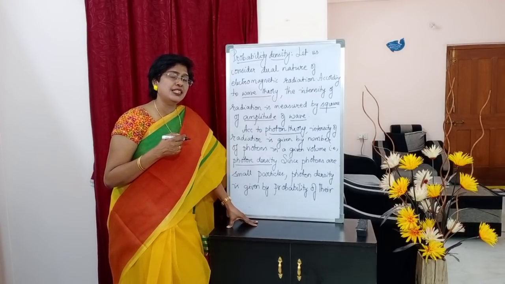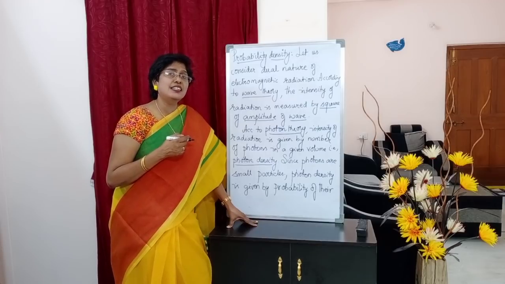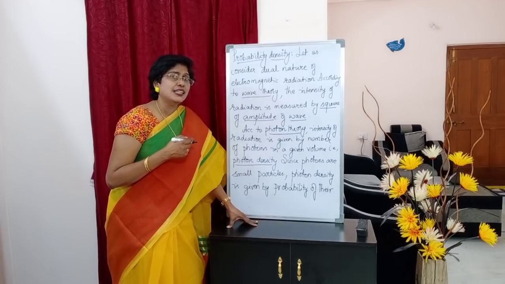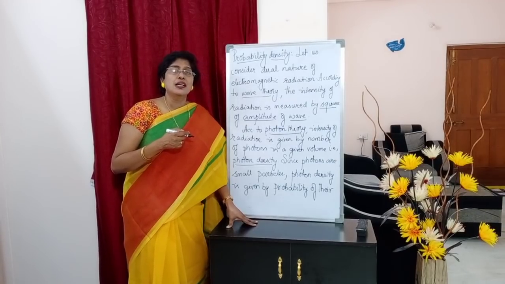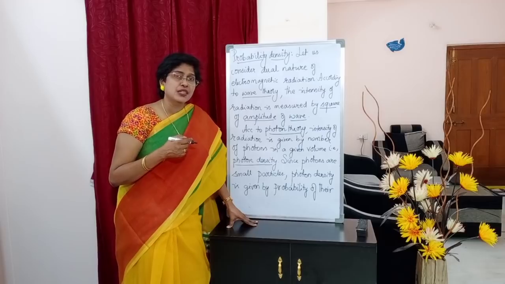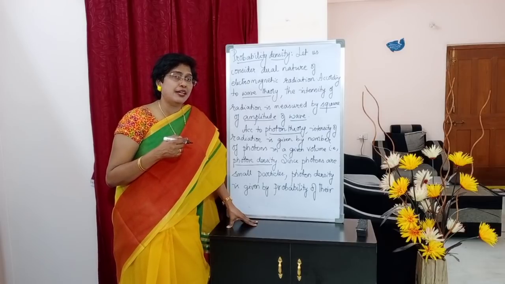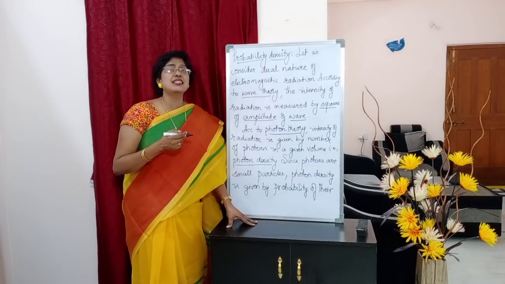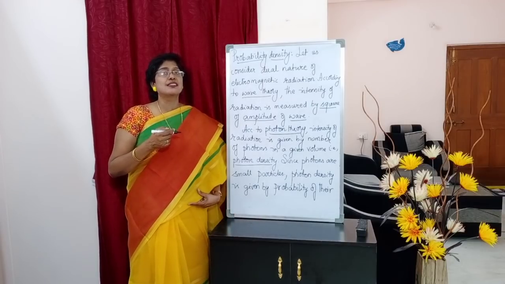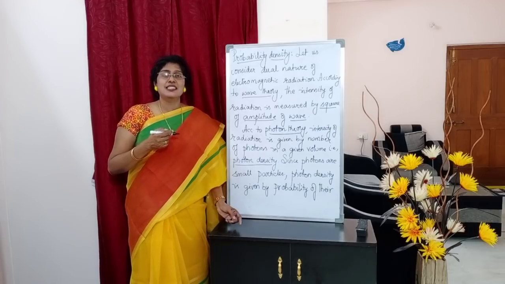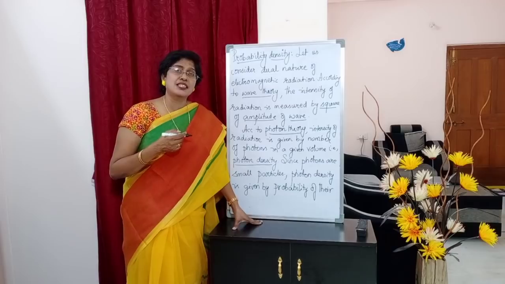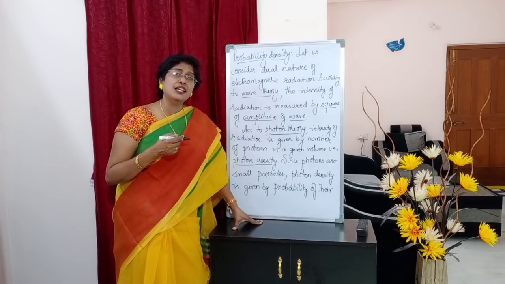That means wave theory explains that the intensity of radiation can be measured using square of amplitude of wave. We know amplitude of wave. Which letter represents this amplitude of wave, students? Do you remember? Yes, psi, that is a wave function which represents amplitude of a wave.